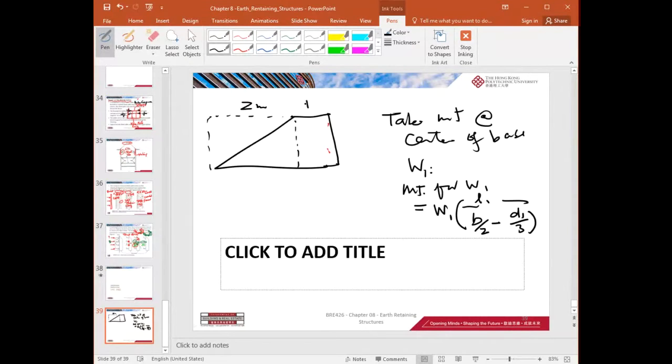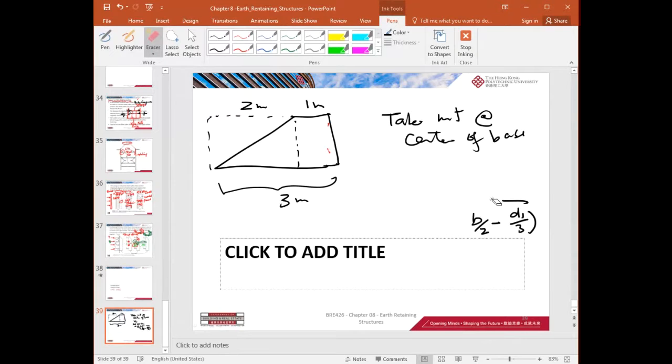There's 1 meter, okay? So it gives you 3 meters, okay? Now, W1. That's W1, and that's W2, right? Okay. Now, if that is the midpoint here, right? The midpoint, 1.5 meters.